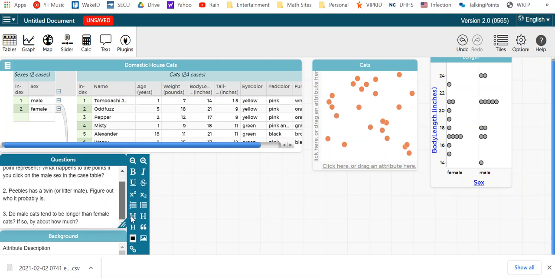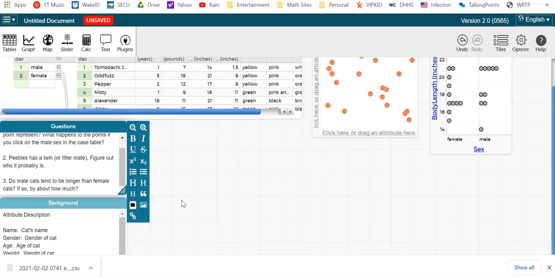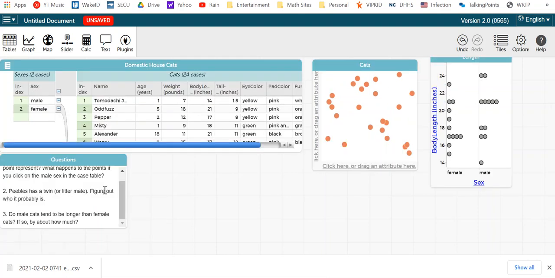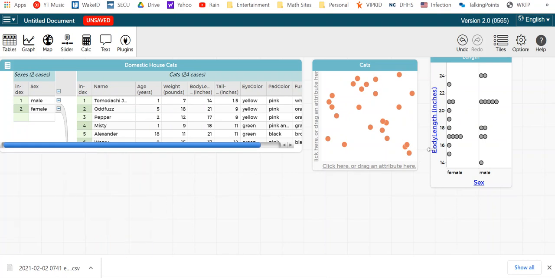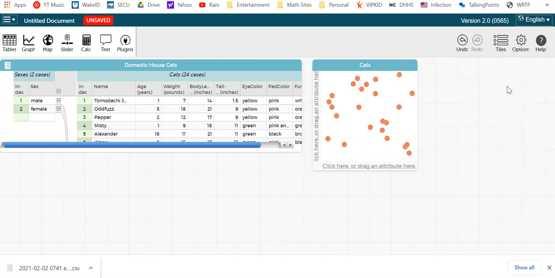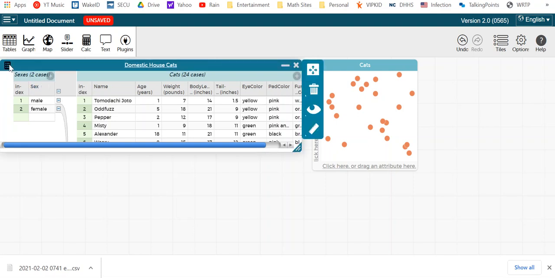And all of these questions here have to do with body length. And then they've got the background description of this. What each item means. All right, so we're not going to deal with length because that's been done. But we are going to, let's see, now we're going to do this.